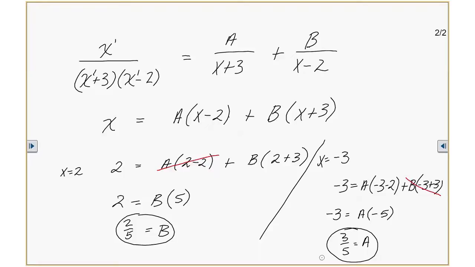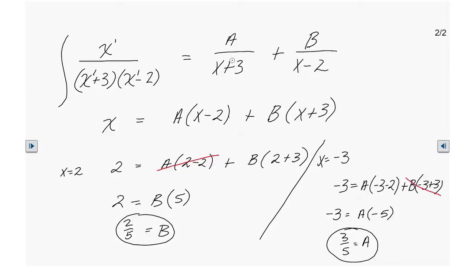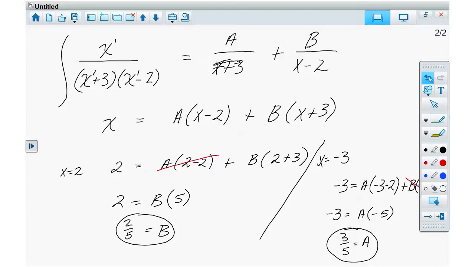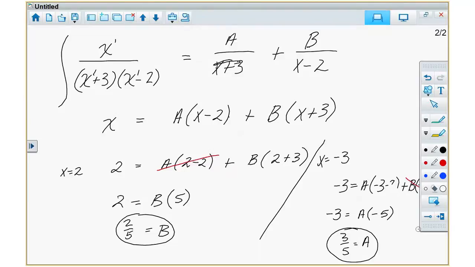Now, why would I want to do that? Because if I was taking the integral of this, then now I can take, really? Oh, I wish I could figure out why.